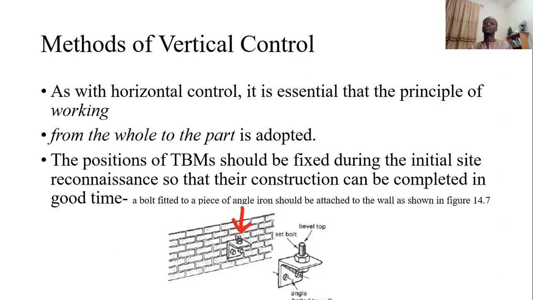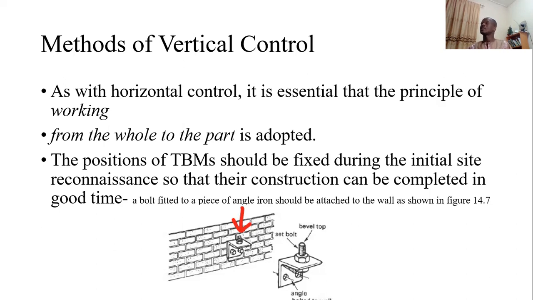So whole to part means that you have some points that have been accurately established in terms of height. Some of the points have been there for ages, and it's possible that there's been subsidence. What do I mean by that?